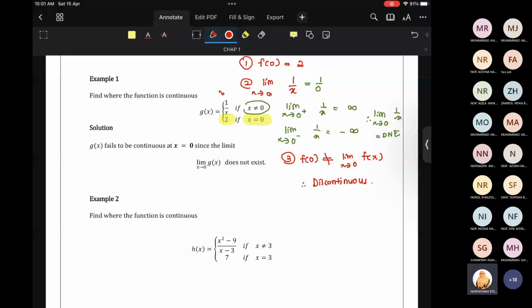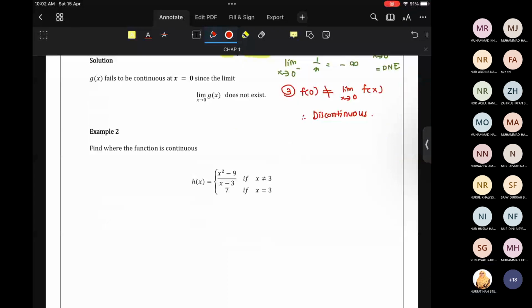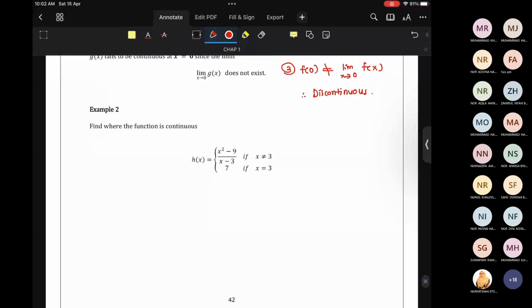Okay, kita akan check untuk condition number 1, number 2 and also number 3. Okay. For number 1, f(3). f(3) sama dengan apa?